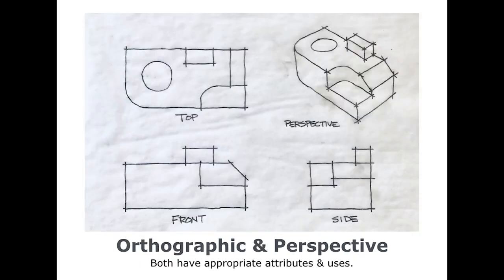Here's an example of both kinds of sketches on the same object. The orthographic 3 views and a perspective or pictorial view. Each style has its own beneficial applications. Orthographic can be more precise and proportionate, but perspective pictorial can show a better overall object's perception.